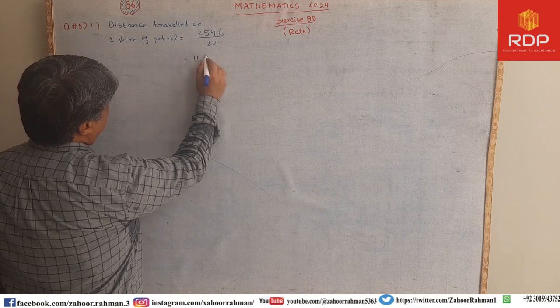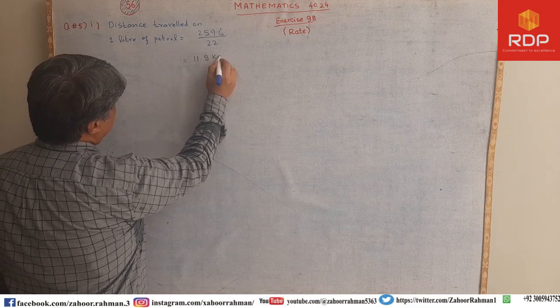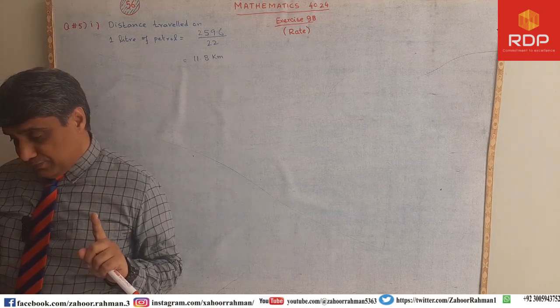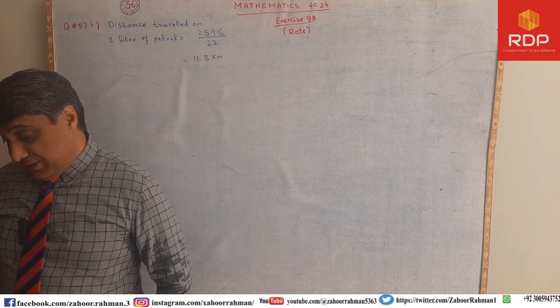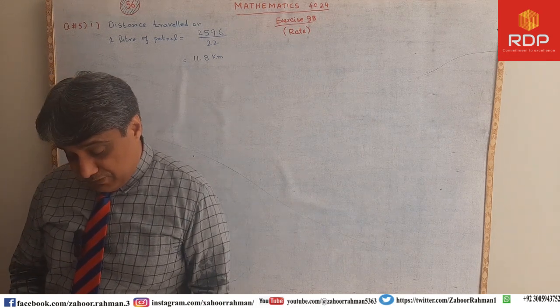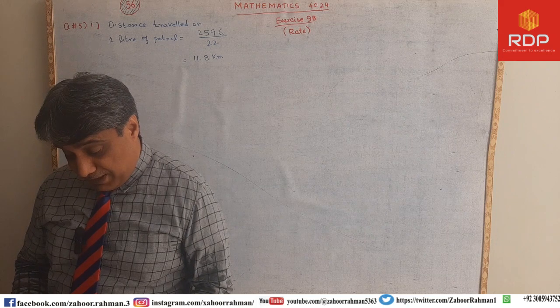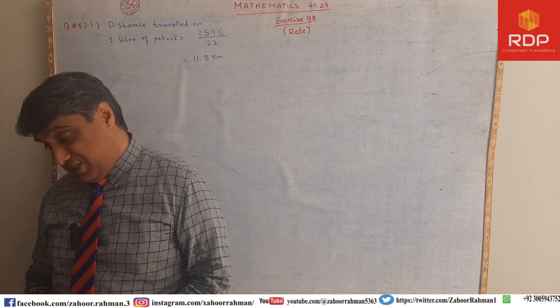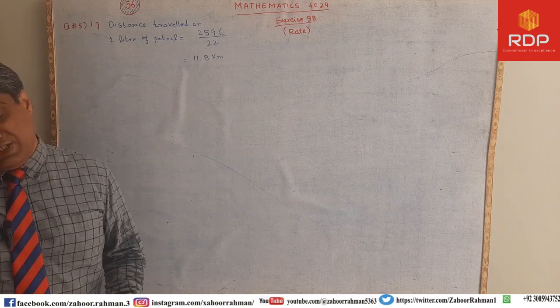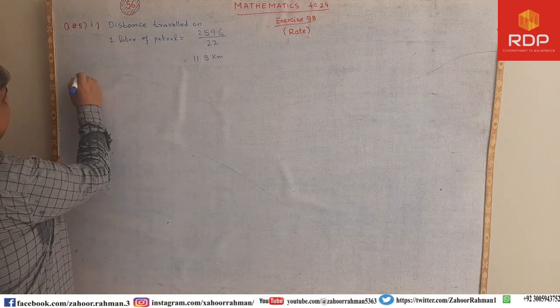So 11.8 kilometer is for 1 liter. Now we have to find the distance in part number 1 covered on 63 liters.